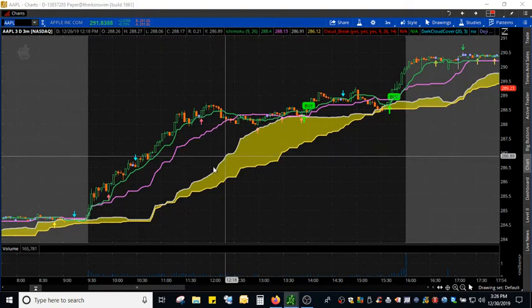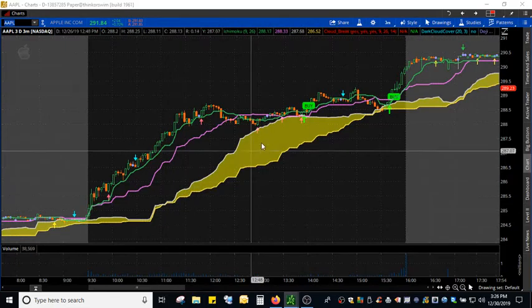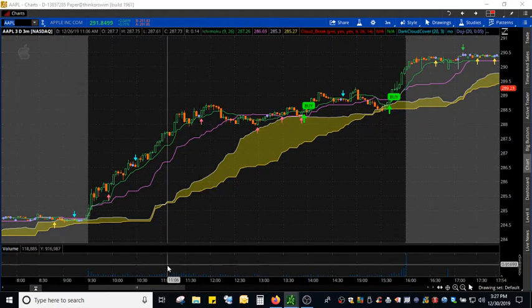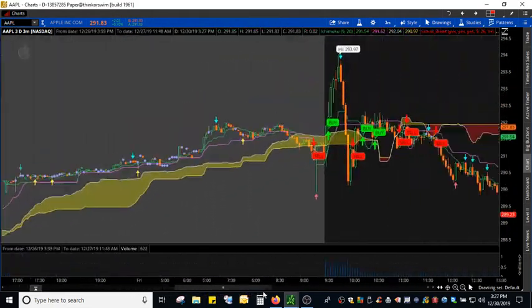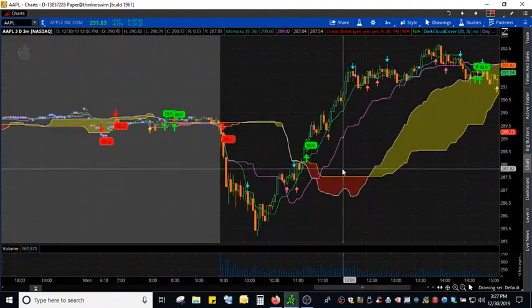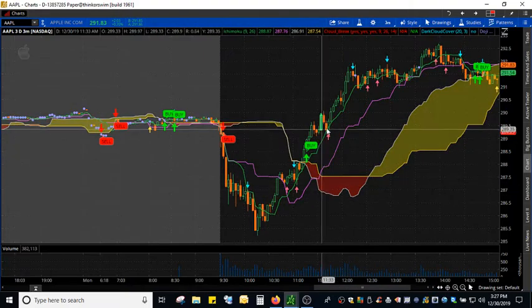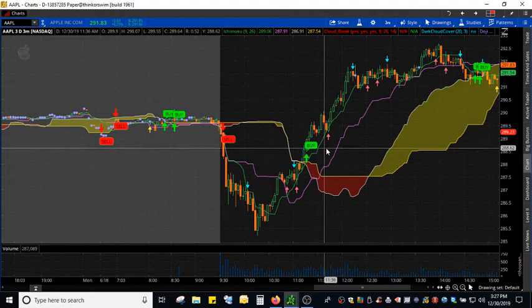It's possible to have a red cloud with the price above it, which you can probably see right here. Red cloud, the price is above it. When the cloud is red with the price above it, it's kind of a mixed signal.